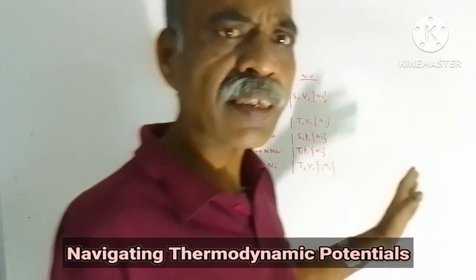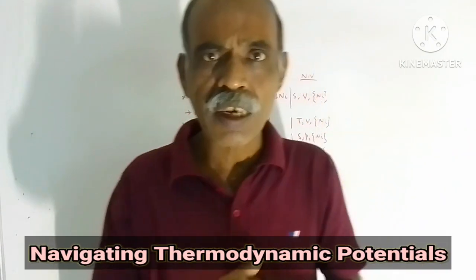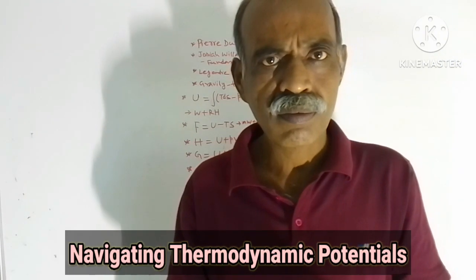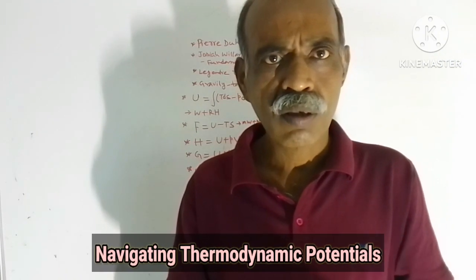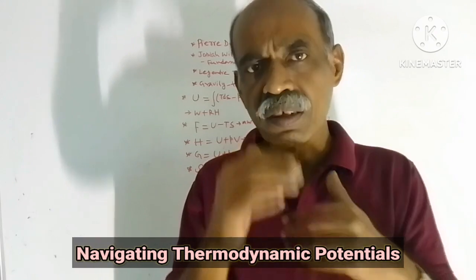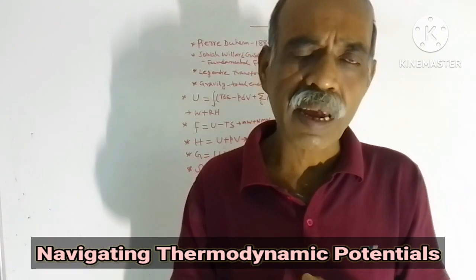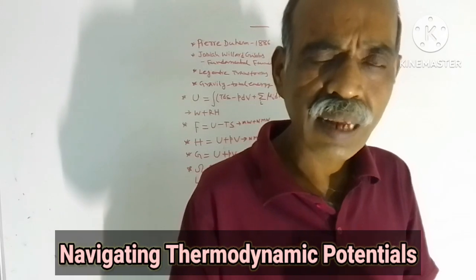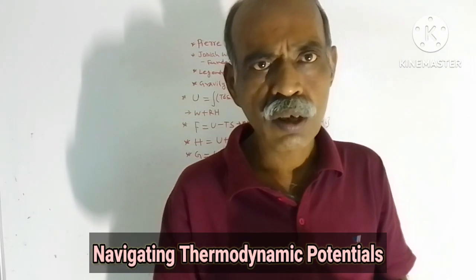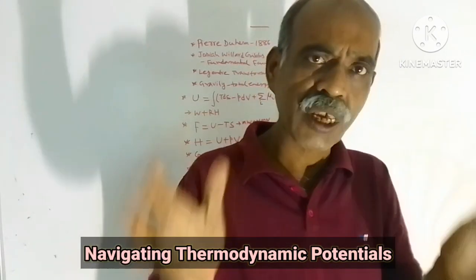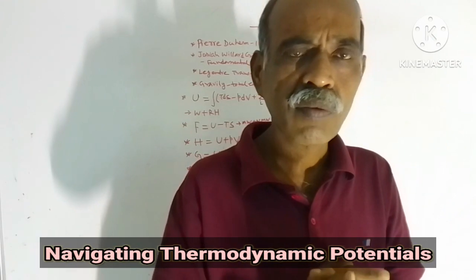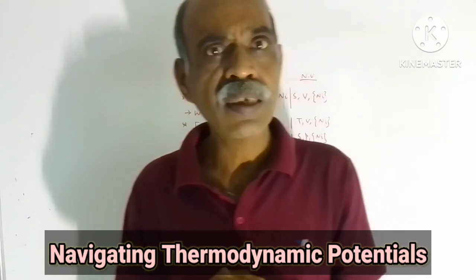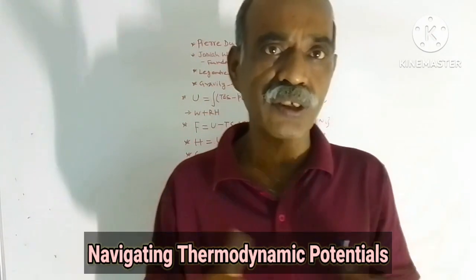So what are the natural variables? Natural variables are those variables which are held constant during the process. When we are talking about internal energy of a thermodynamic system, here I have written S and V, that is entropy and volume. So entropy will not change for the given system when internal energy is being defined, and volume also will not change.